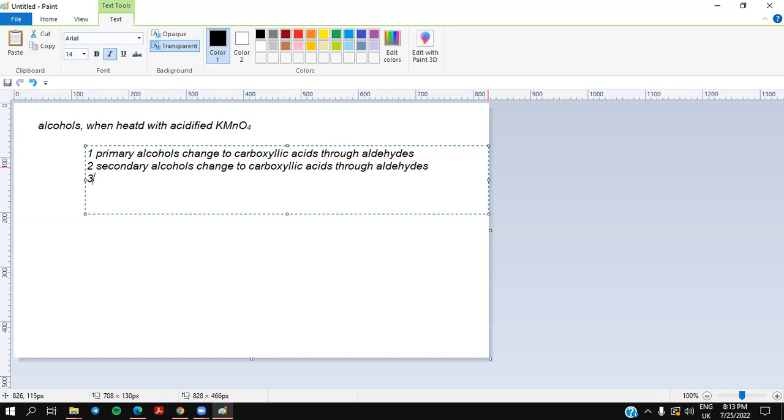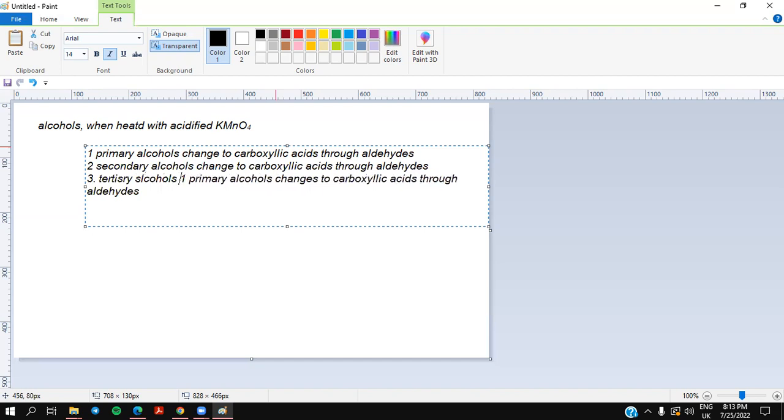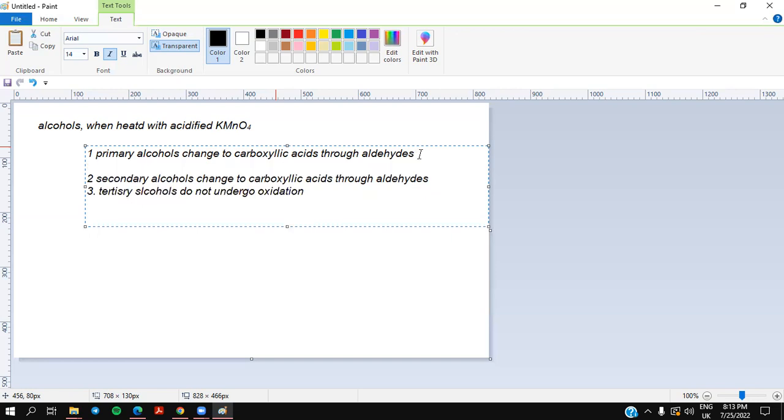And the last one, the third one, tertiary alcohols do not undergo oxidation. They don't change. These 3 important things we discussed in the last week's lesson.